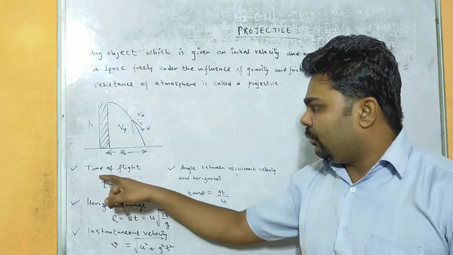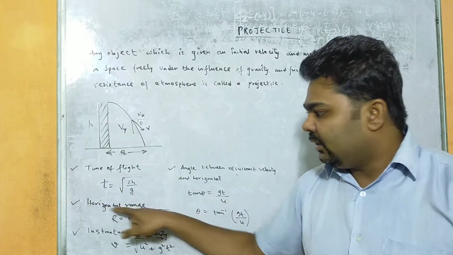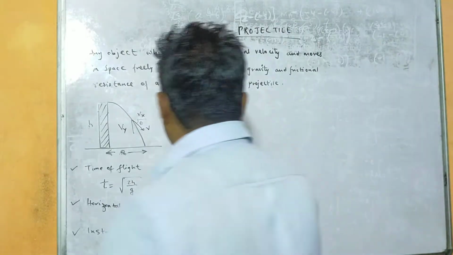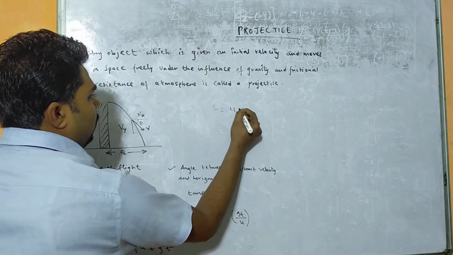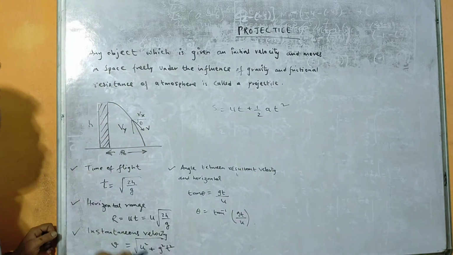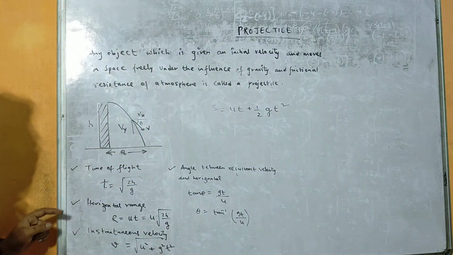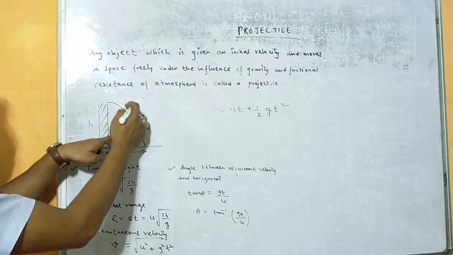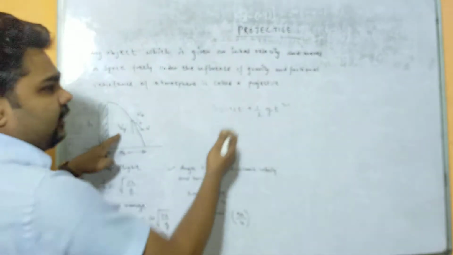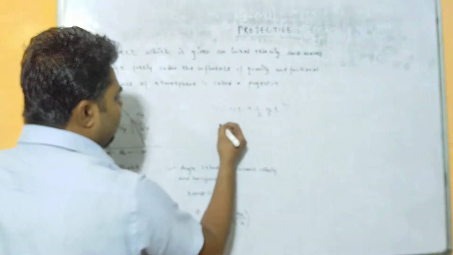So you see, we have derived an equation for time of flight, that is t equals root under 2h by g. This formula you have to remember. But how did we get this formula? We know one formula, s equals ut plus half at square. Now the object is falling down, that's why this a is g, acceleration due to gravity. But when that object is falling, at each and every point here, the initial velocity is 0, because now the object is in motion.